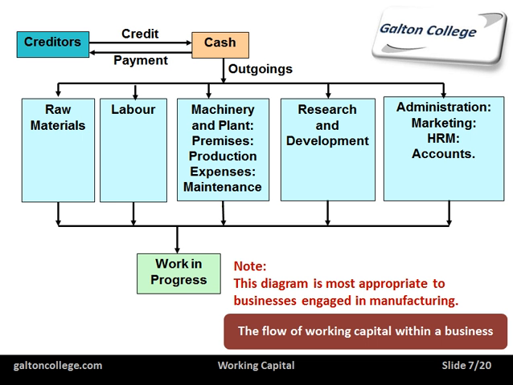And the effect of, or the usage of raw materials, labour, machinery and so on, is to generate work in progress. These are items which are perhaps semi-finished. The raw material has been transformed into something near enough, almost the final product.